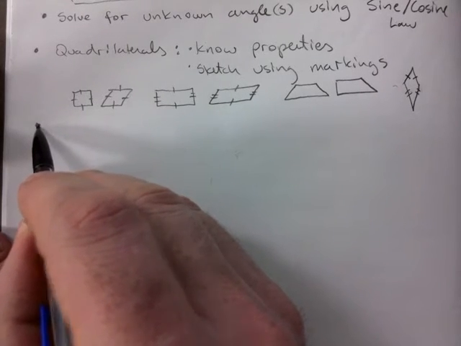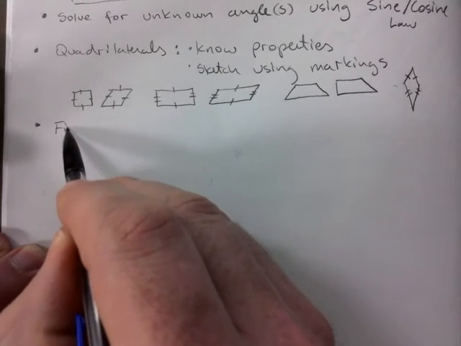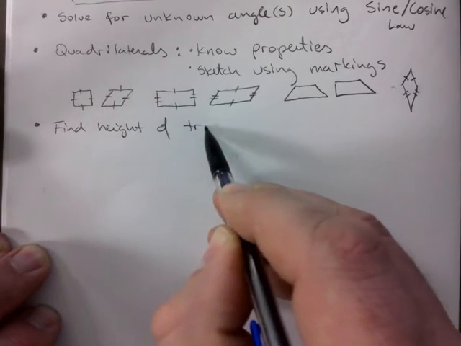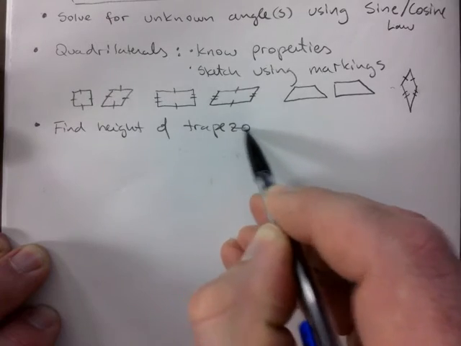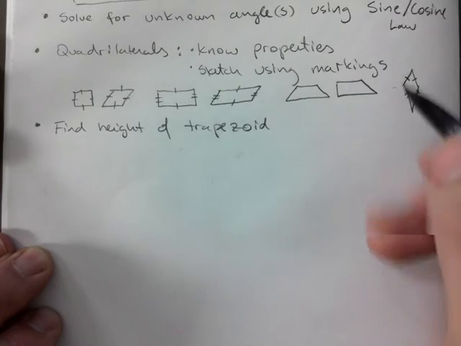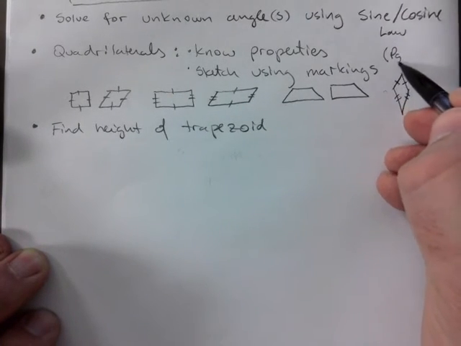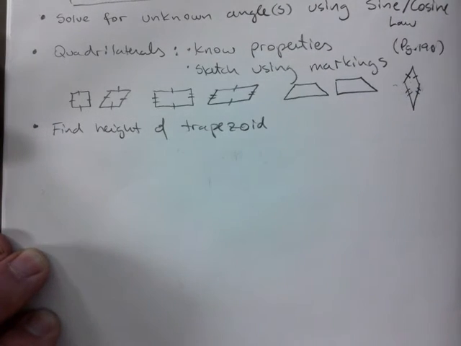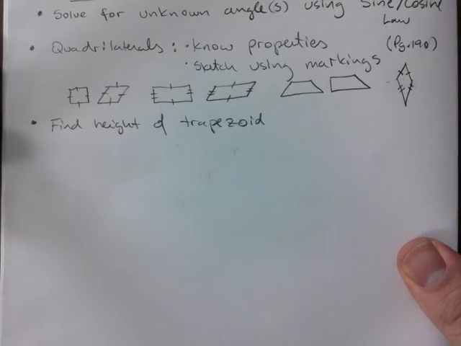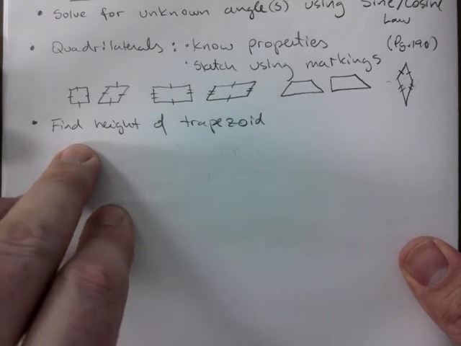I'm going to say find height of trapezoid. Can I say this under this one? See page 190. Right, 190 is where you would find all of that. I would say your study sheet, I wouldn't write down the properties unless you want to. I would just have the shape with all of the markings on it.